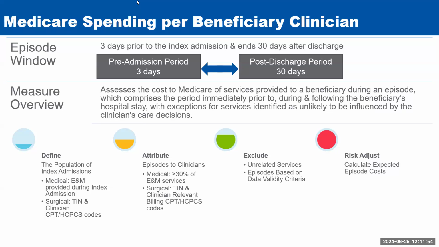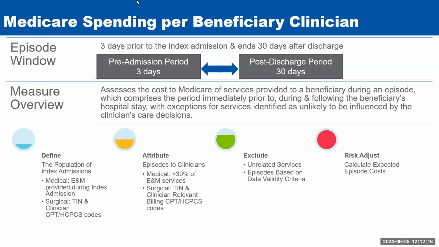When you're talking about an MSPB-C triggering event, or what they call an index admission, it is focused on that inpatient stay. That's a qualifying inpatient stay, so that's the index admission. And what that does is trigger an episode window.